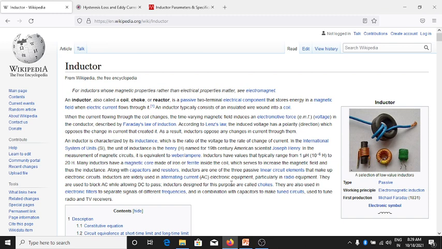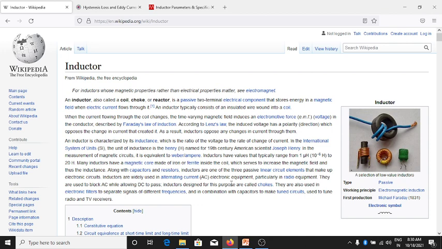What is an inductor? For inductors, whose magnetic properties rather than electrical properties matter, an electromagnet and inductor are called a coil, choke, or reactor. It is a passive two-terminal electrical component that stores energy in a magnetic field when electric current flows through it.